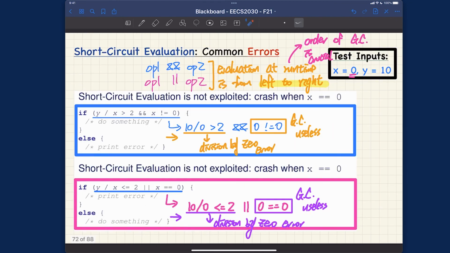And you want to review this example as well, where we swap the order so the guarding constraint is the second operand of the logical operation. In that case, the guarding constraint is useless because the evaluation is going to be from left to right at runtime. Alright, so that's the short circuit effects for the logical operators I want to review.